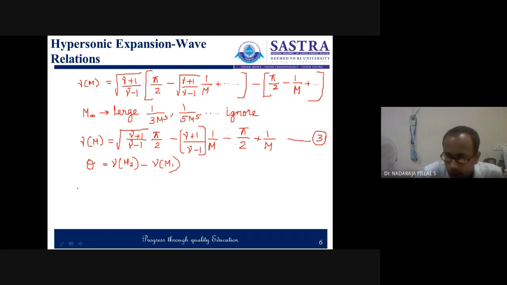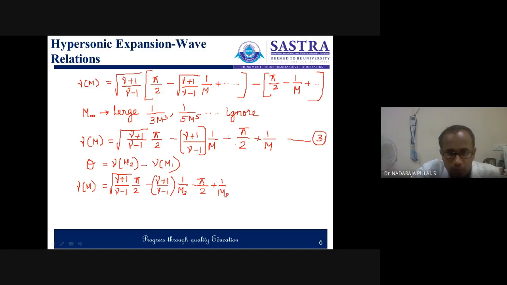Here we can write mu of m is equal to root of gamma plus 1 by gamma minus 1 into pi by 2 minus gamma plus 1 by gamma minus 1 into 1 by m2 minus pi by 2 plus 1 by m2, right?